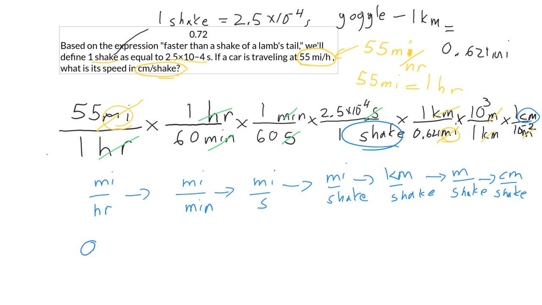Your calculator tells you 0.615047 centimeters per shake.